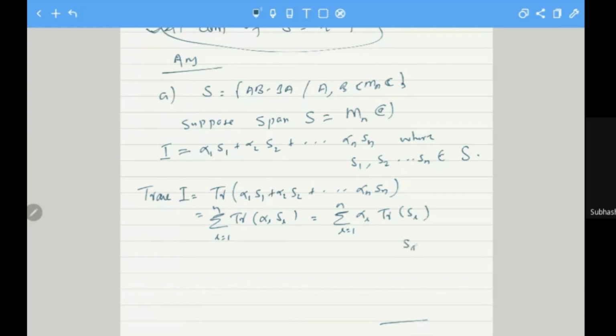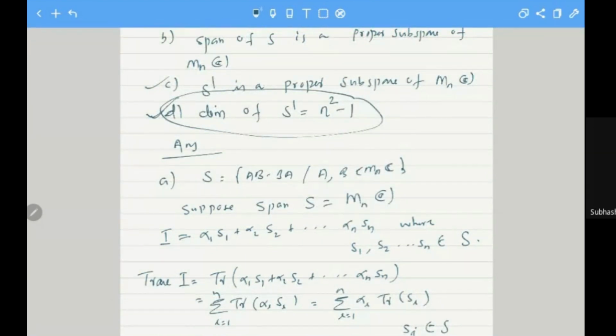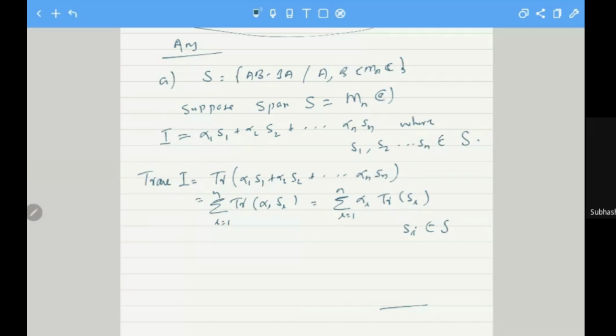The Si's come from S, so each is of the form AB minus BA. What will be the trace of Si? All will be 0, so the right hand side is 0. But the left hand side is the trace of identity, which is n. So n equals 0. This is a contradiction.